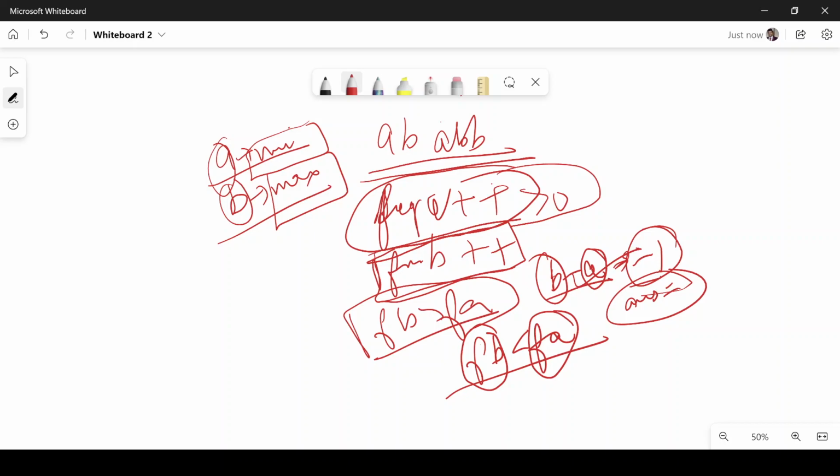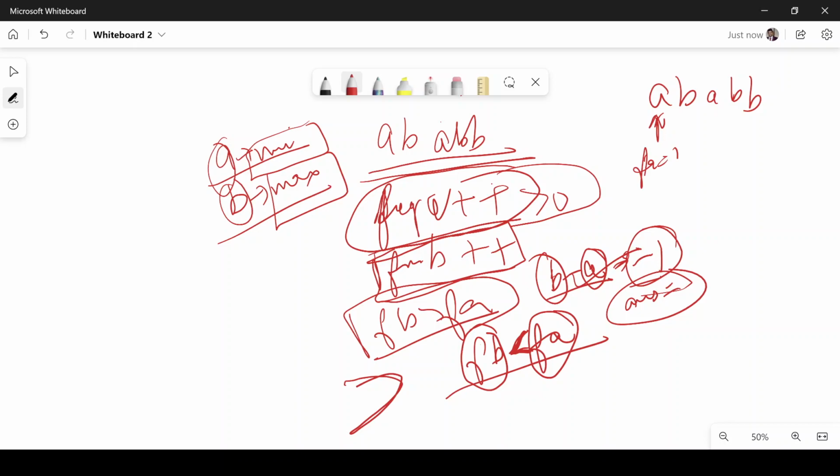For example, suppose we consider this string and start traversing. Here we want a to be the character having minimum frequency and b the character having maximum frequency. We come here, the frequency of a becomes 1 and frequency of b remains 0.